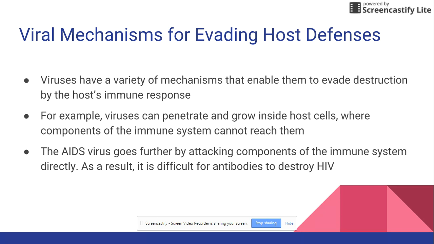So a virus can get inside a host cell. So if the security team is looking outside of the host cell, just in the tissues in general, they're not going to find them because these guys are already inside the host cells, and the body's not going to recognize that there's something going on with that particular cell.